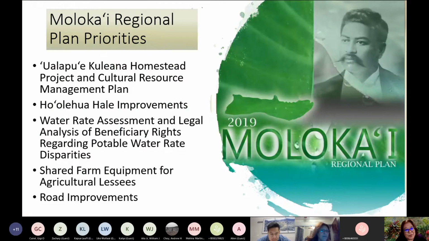Just to remind you folks, if you weren't involved in the 2018-2019 process that developed the Molokai list of potential projects, as you might recall, we ended with the 5 top projects that were voted on: the Ualapu'e Kuleana Homestead Project, the Ho'olehuahale Improvements Project.